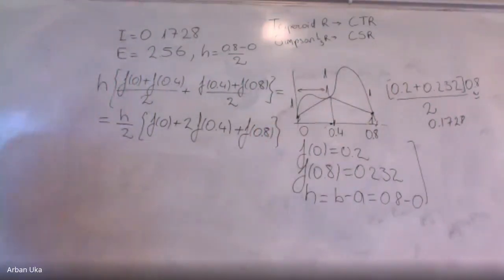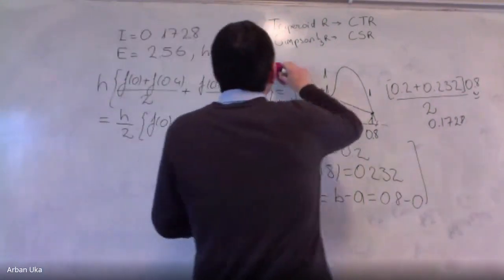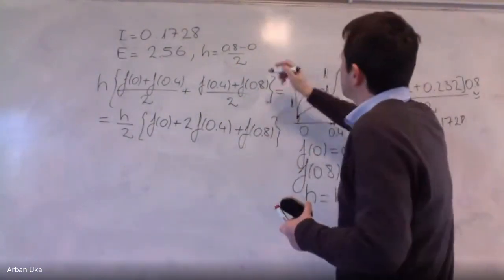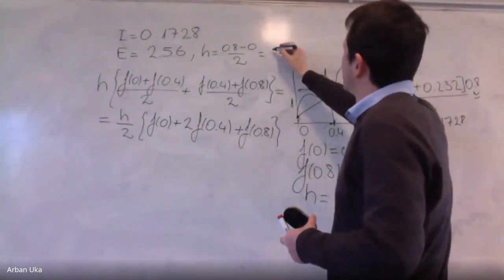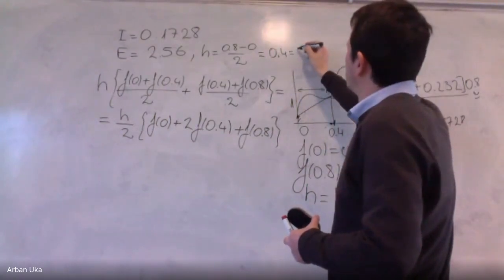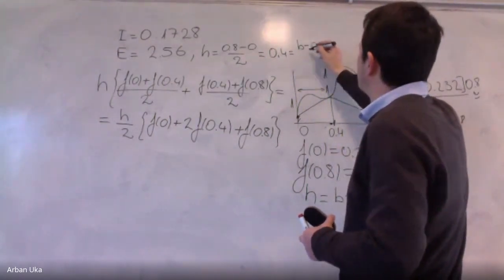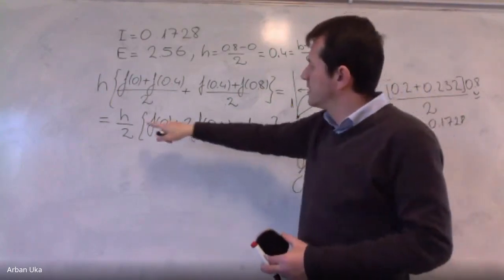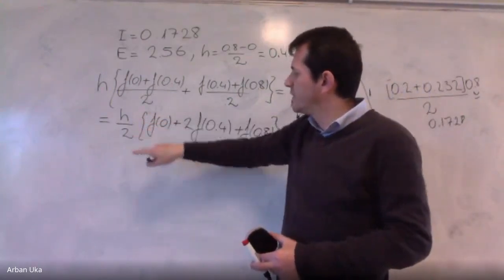So this is the idea. And h here is 0.4, or at the same time B minus A divided by 2. So in the end, this will be 0.4 divided by 2, which is 0.2.